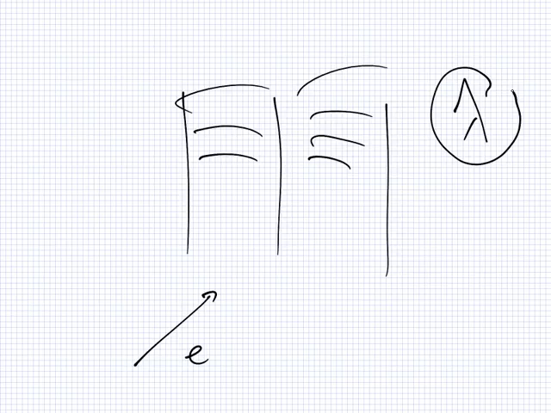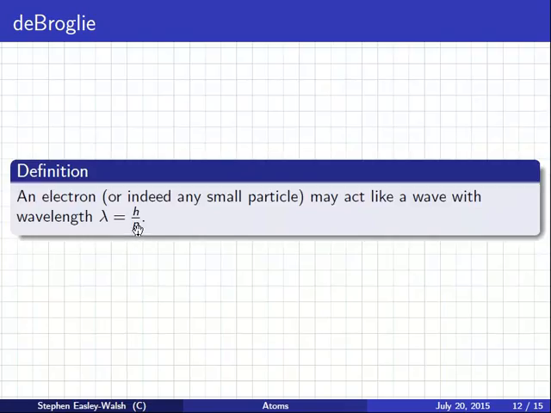This wavelength here is related to the mass and the velocity. So if I make the momentum bigger, what happens to the wavelength? It gets smaller, yeah. And if I make the momentum smaller, the wavelength gets bigger. Yeah. So this is de Broglie's formula to calculate the wavelength of a particle.